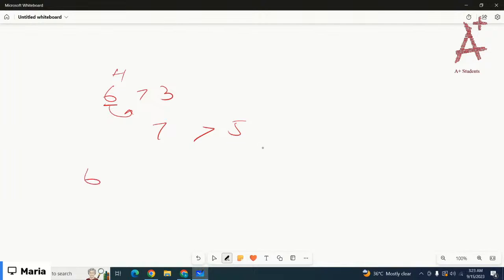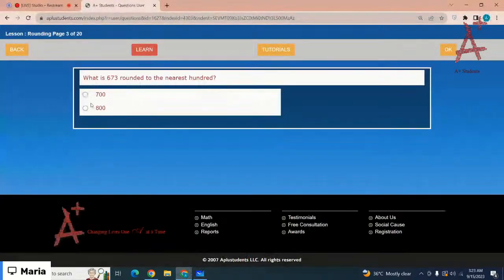That means you have to add 1 to the 100 digit. 6 plus 1 is 7, and replace the other digits with 0. That means 673 is rounded off to 700, right? The correct option is 700.